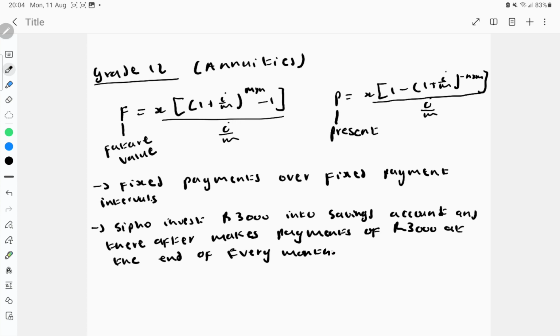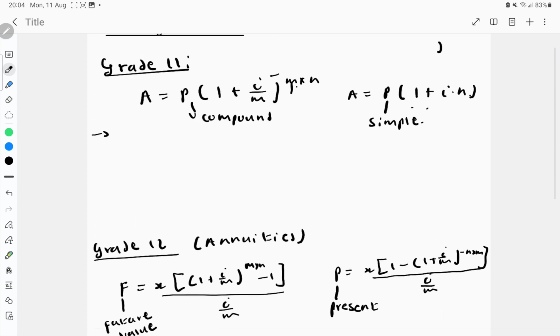So two things to notice here: the payments are monthly since it's at the end of every month, and also it's only 3,000, meaning that you have fixed payments at fixed intervals.